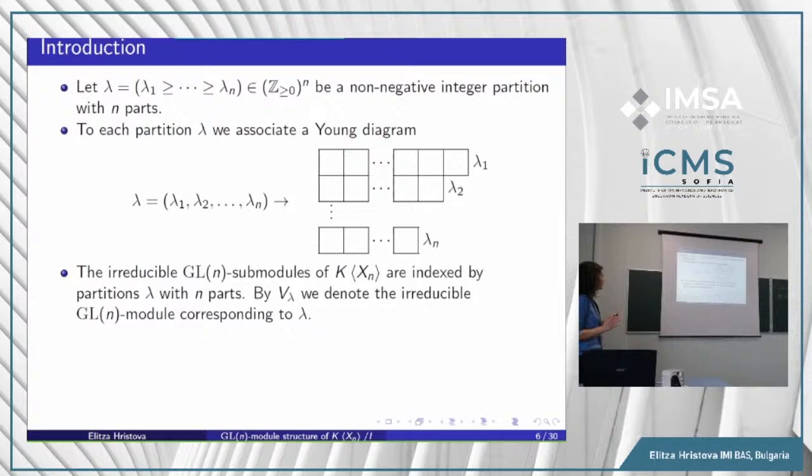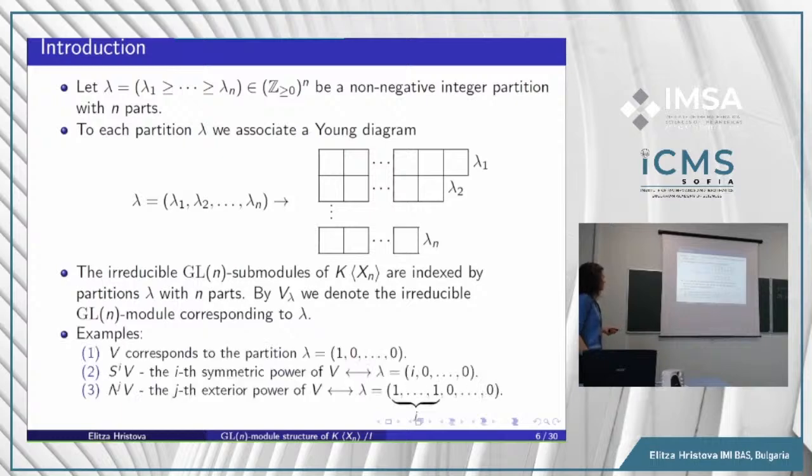And now the important thing is not the sum of the parts, but that there are n parts. I mean, there could be zeros at the end, but we cannot have more than n parts in order to have a GLN module. If we have a GLN plus 1 module, then of course we'll get partitions with n plus 1 parts.